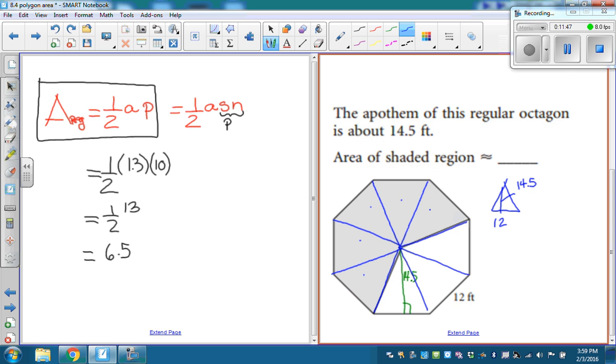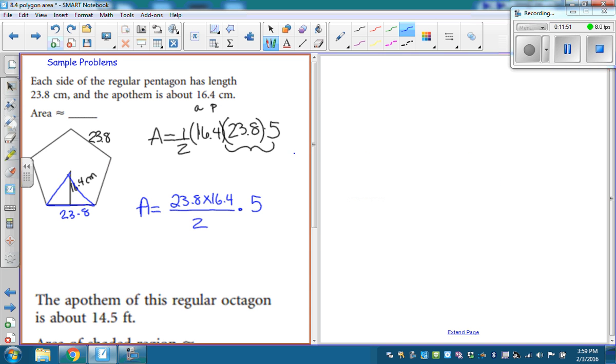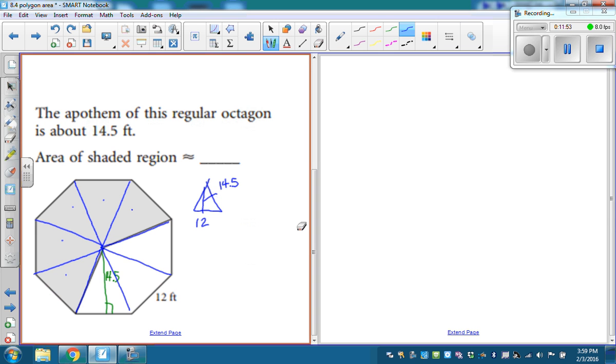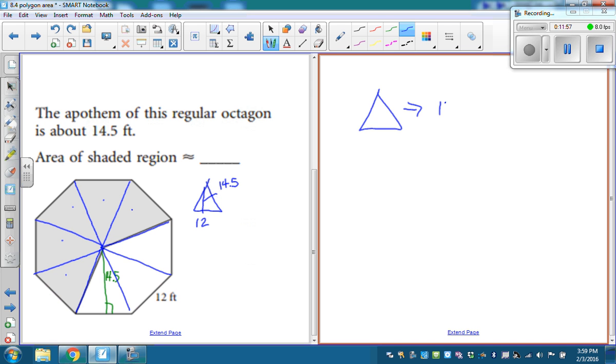So the area of the shaded region, of one triangle, is 12 times 14.5 divided by 2, so 6 times 14.5. And we have 5 triangles. That's one way to do it.